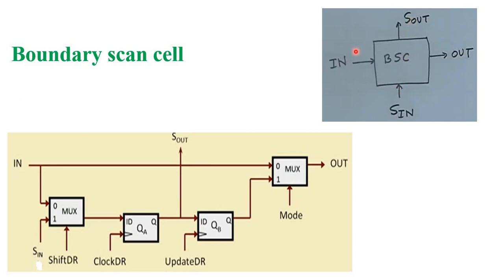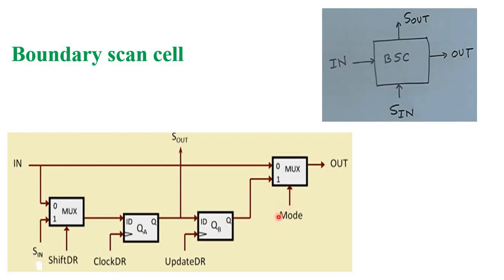Serial in, serial out. So from input to output, that means left to right, we can send the data, or from bottom to top we can send the data. So how can we send the data serially?